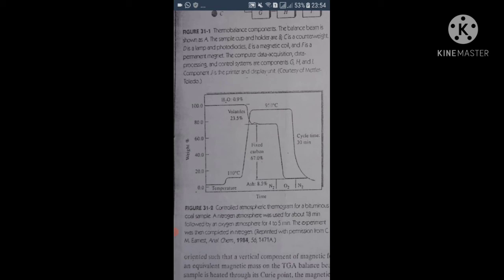That's why we provide oxygen, and we know that when oxygen is mixed with air in some definite proportion, it will burn the sample, and carbon will convert to carbon dioxide. Finally the experiment was concluded with nitrogen purge to give a measure of the ash contents.